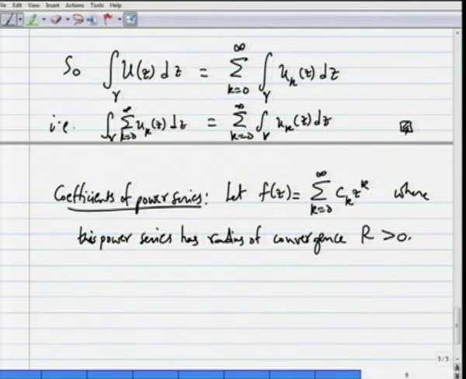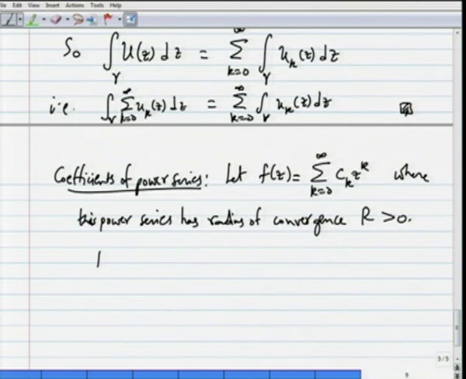Then we know that f is analytic, so it is differentiable term by term, and its differentiation is the differentiation of these terms, and then summing it up.